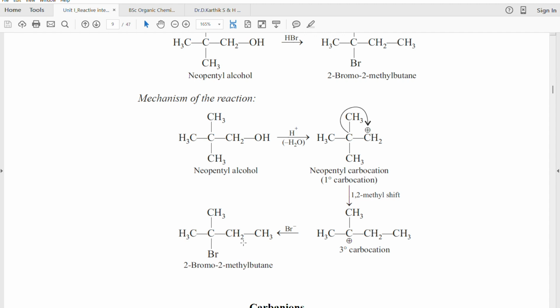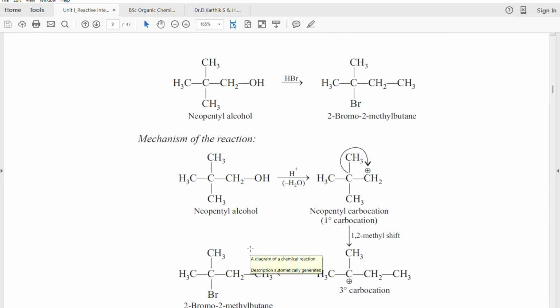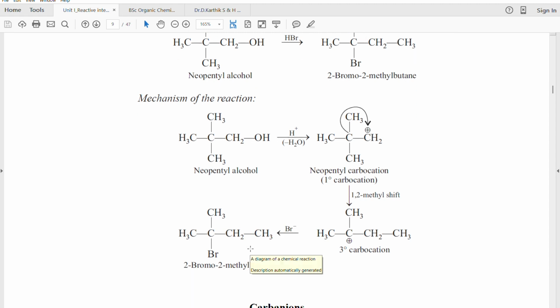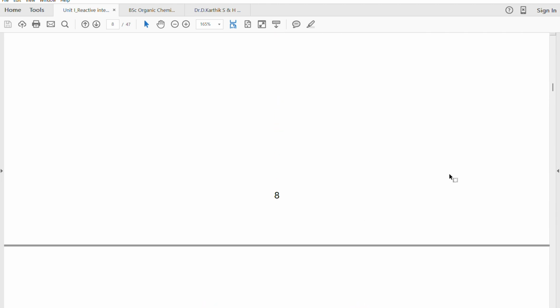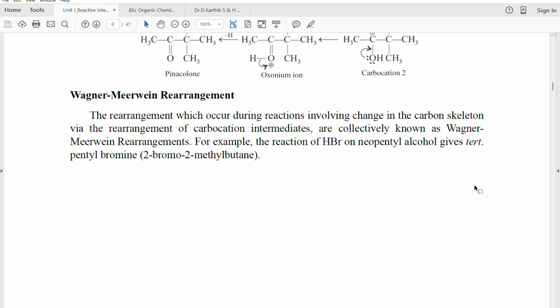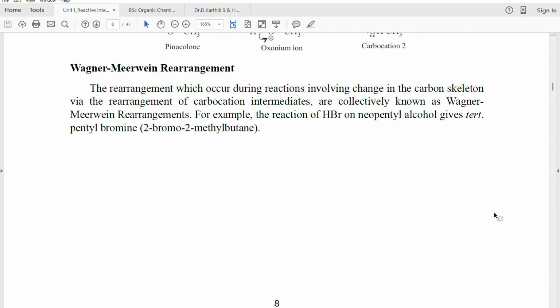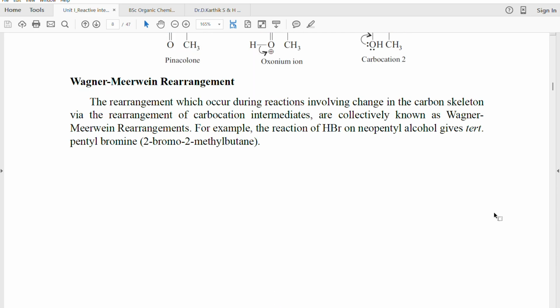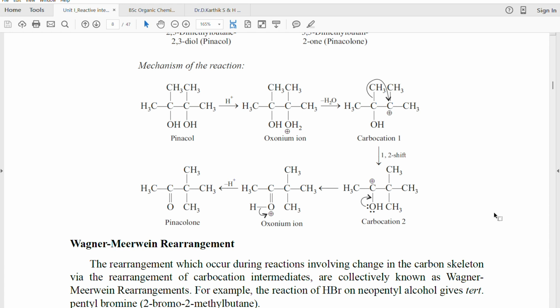So this is called the Wagner-Meerwein rearrangement. The rearrangement happens in this step in the mechanism. The best thing to remember for all these rearrangements is that you have to see the possibility of a more stable carbocation in the intermediate stage.